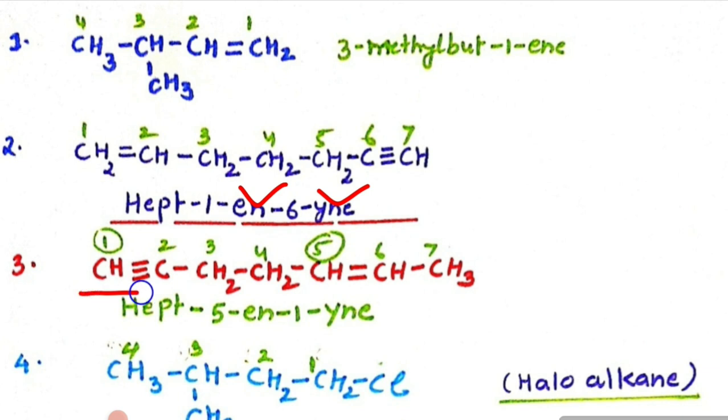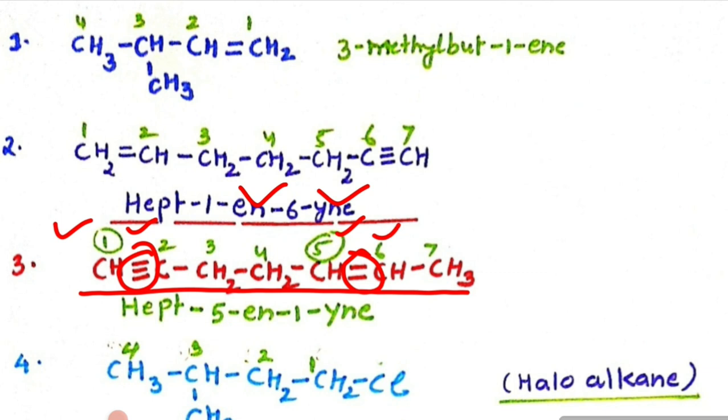Let us take another example. Here in this example also there are two functional groups, "-yne" as well as "-ene". Now select the longest chain containing both these functional groups, and then number the carbon atoms from left towards right and right towards left. Moving from left towards right, the triple bond is between carbon 1 and 2, and the double bond between carbon 5 and 6.